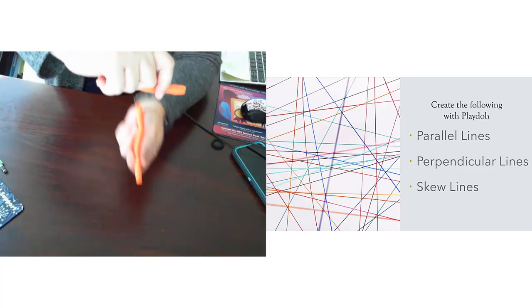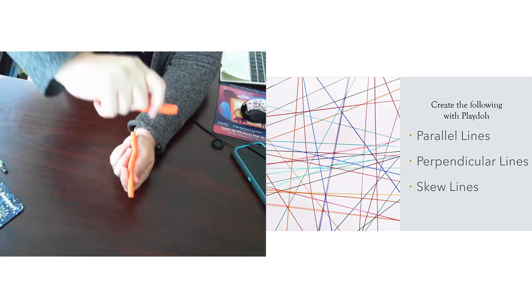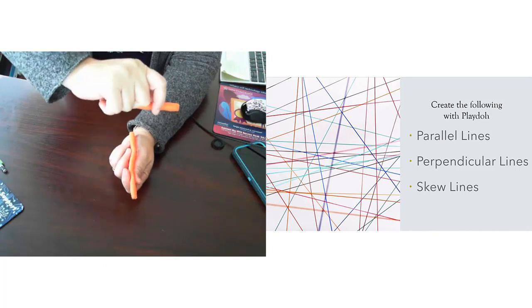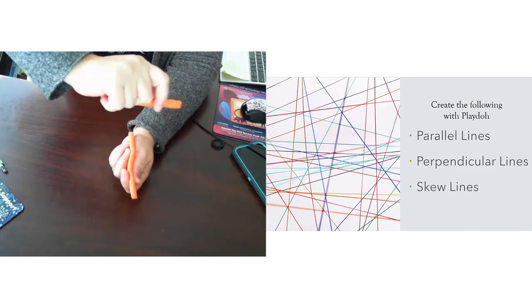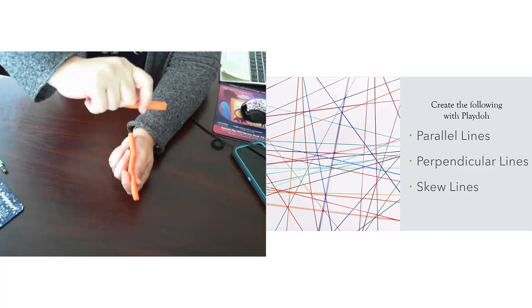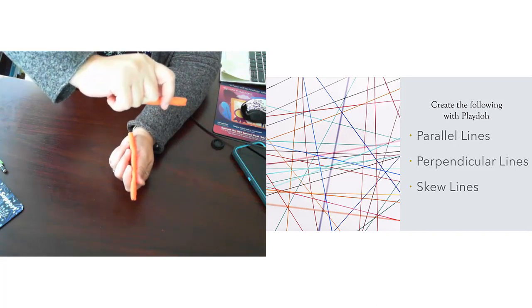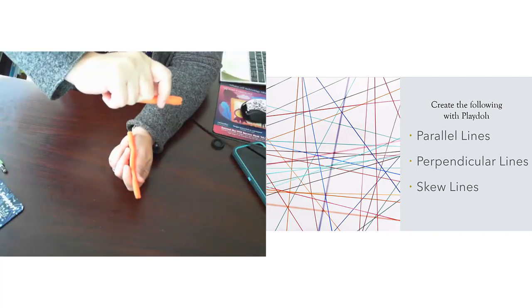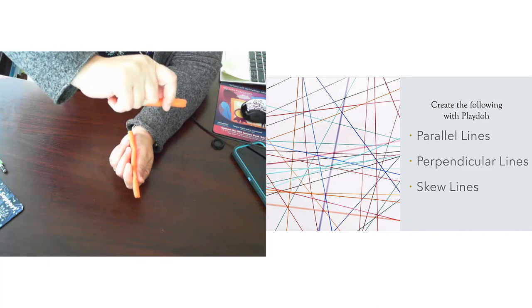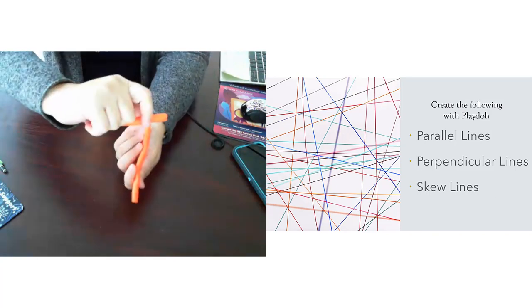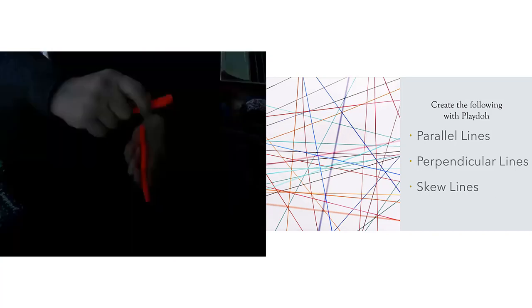So for example, you could hold one down here and one above it at like a right angle, kind of like one edge on the floor and another like the corner between the floor and the wall, and a perpendicular line between the ceiling and a perpendicular wall. These aren't parallel, yet they won't ever meet. So having these physically really helps them to understand what a skew line is.